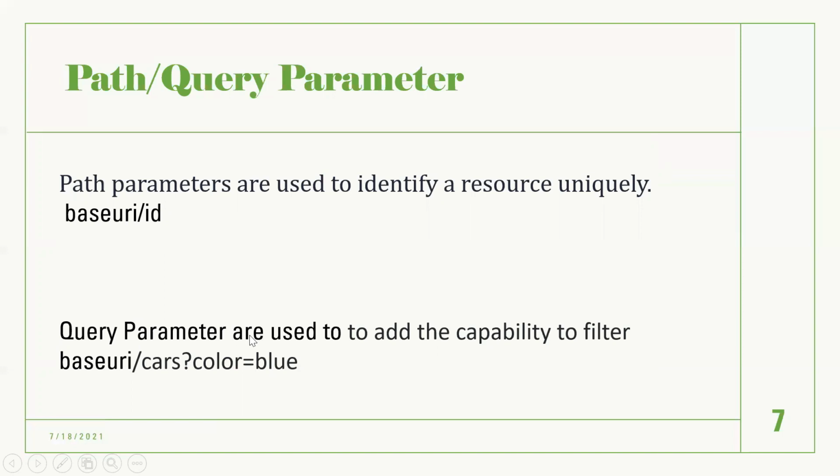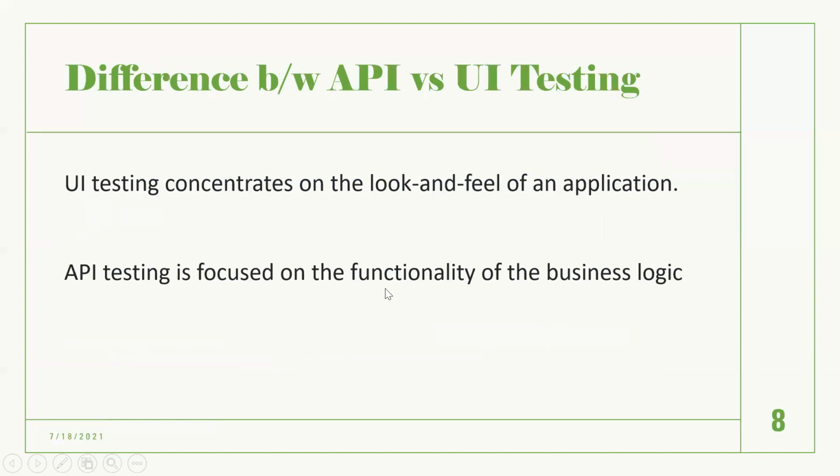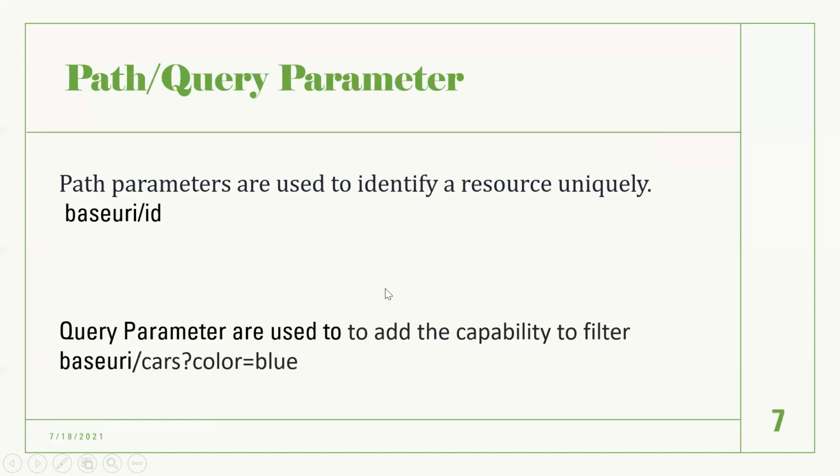Query parameters are used to add the capability to filter the base URI. For example, in the booking itself, if you want to provide some limit, say you have 100 days of data and you provide a limit of 10, that is a filter, and it starts with a question mark.